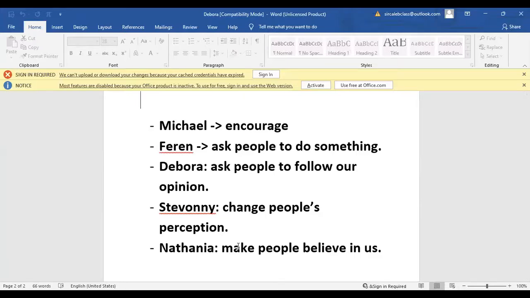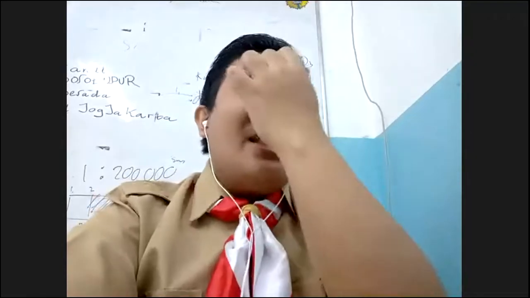Ferenc said persuade, you can define it as asking people to do something. Deborah emphasized that persuade is about asking people to follow your opinion.